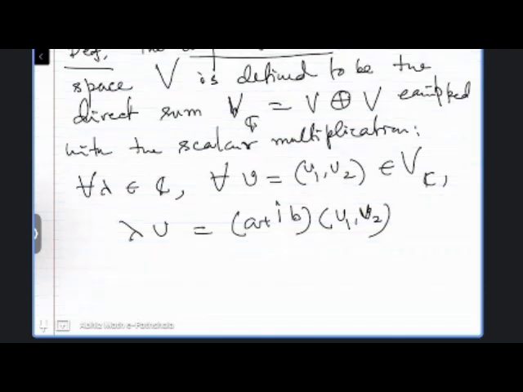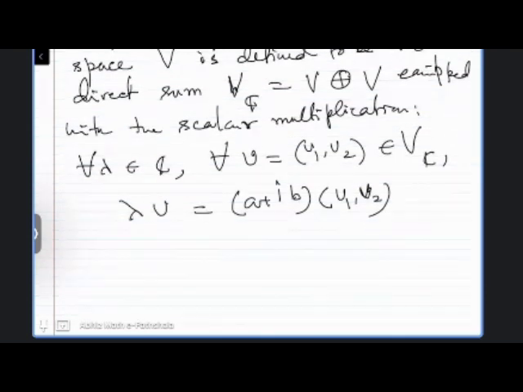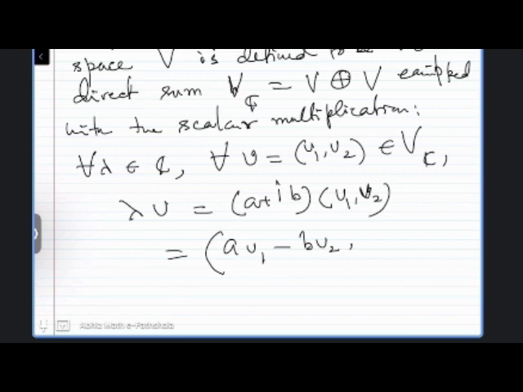Then the definition is a v1 minus b v2, b v1 plus a v2.